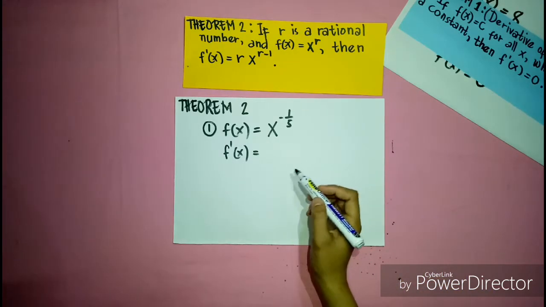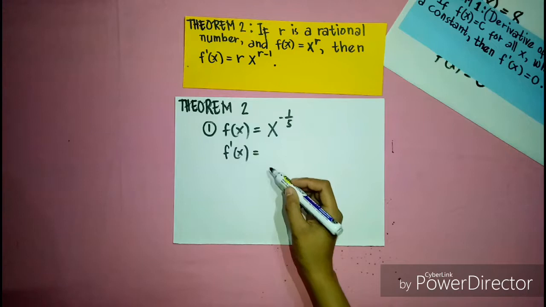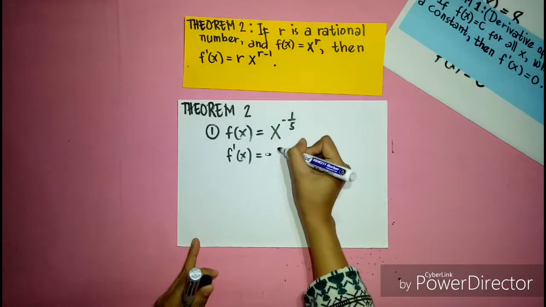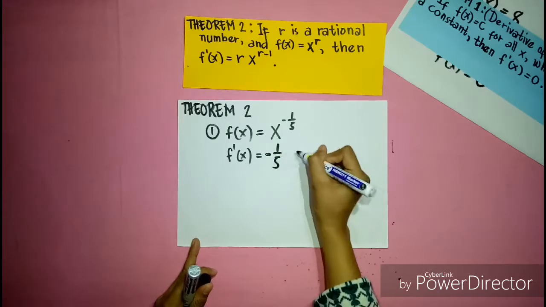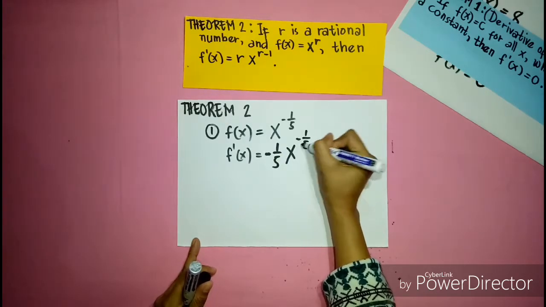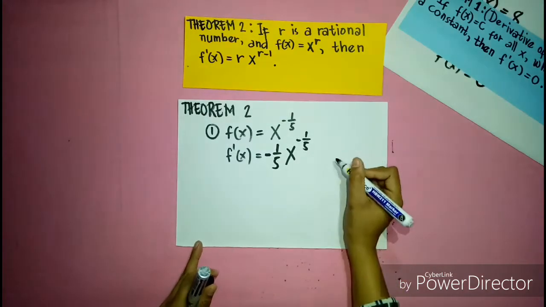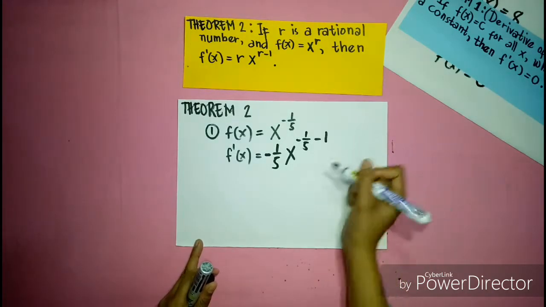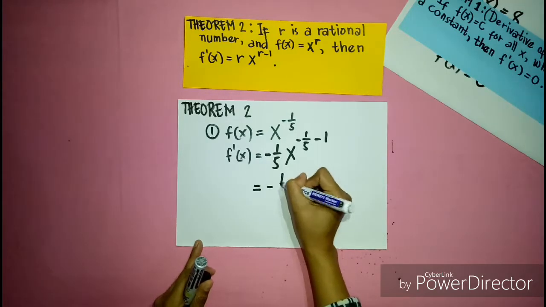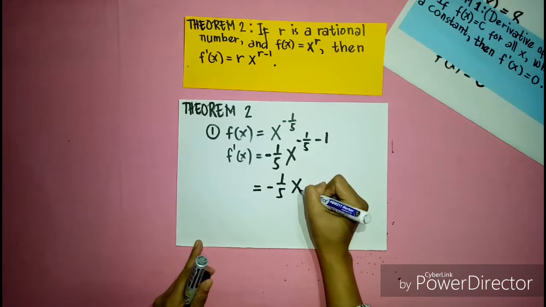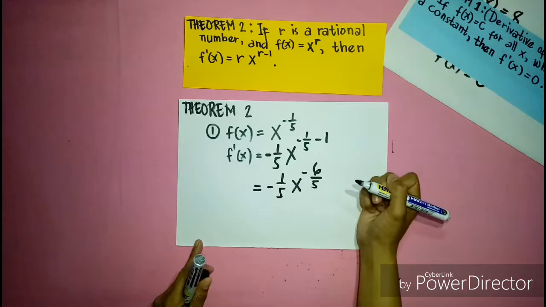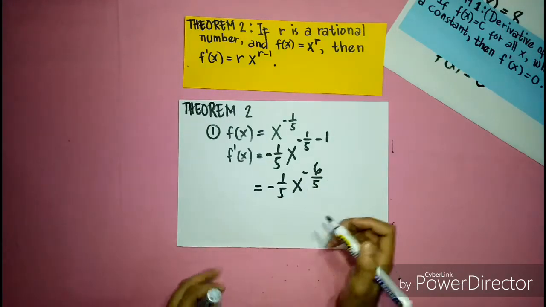Then the derivative f prime of x is equal to, bring down the negative 1/5, so negative 1/5 x to the negative 1/5 minus 1, which is equal to negative 1/5 x to the negative 6/5.